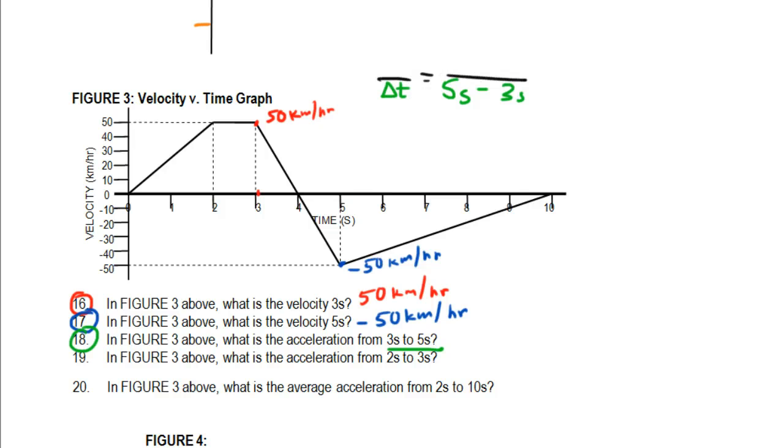And then I'm going to say a equals, do this purple, delta V. Okay, my velocity at 5 seconds, this is my V sub F. So my V sub F is negative 50 kilometers per hour.